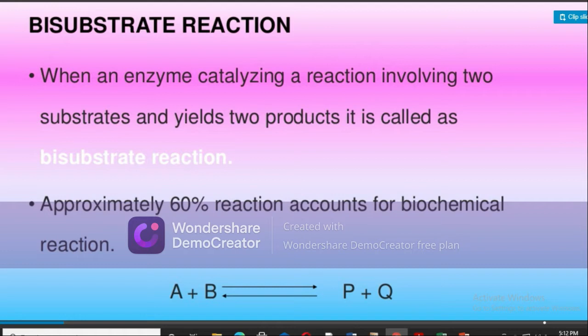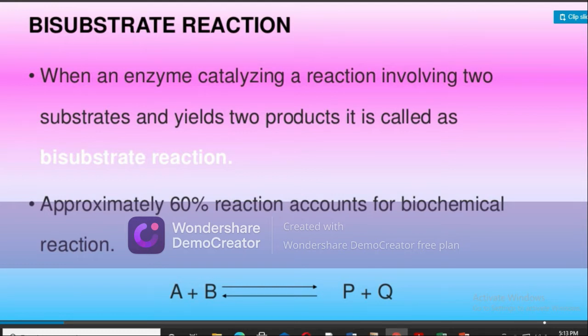So what this means is we have different types of reactions. A reaction can be carried out by one substrate, one product, two substrates, three products, three substrates, two products, three substrates, one product. But in this case, we are talking specifically about bi-substrate reactions.